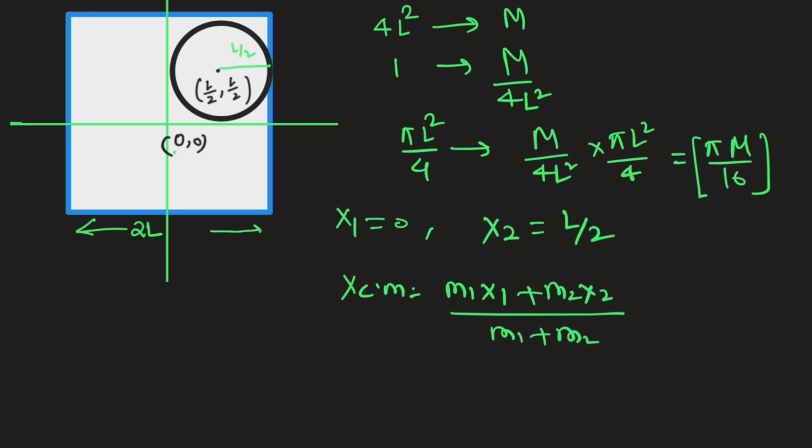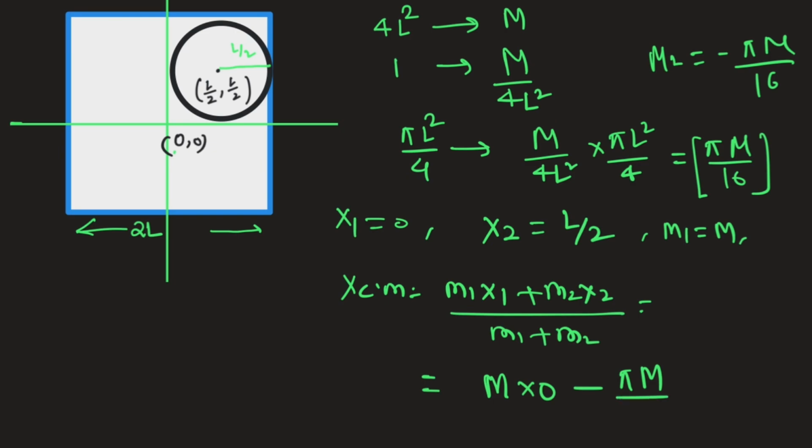Now you have to substitute these values, but m2 has to be negative. m1 is M, and m2 is minus pi M divided by 16. So substituting, M times x1 value 0, minus pi M divided by 16 times x2, which is l by 2, divided by M minus pi M divided by 16.